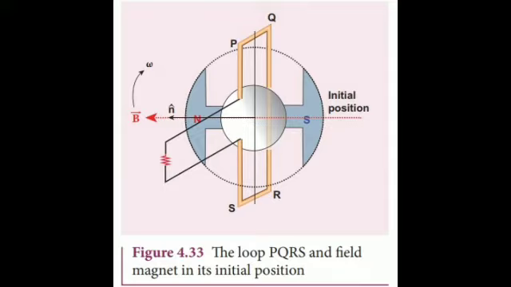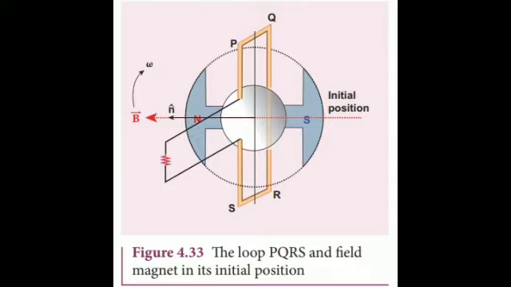The axis of rotation is perpendicular to the plane of the paper. Assume that the initial position of the field magnet is horizontal. At that instant, the direction of magnetic field is perpendicular to the plane of the loop PQRS. The induced EMF is 0.